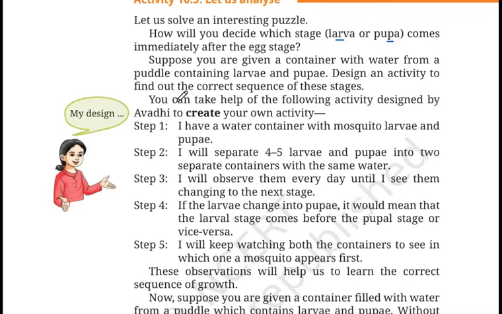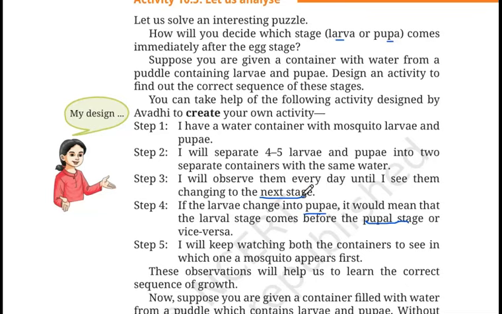So what we can do is: step 1, take a water container with mosquito larva and pupa. Step 2, separate 4-5 larvae and pupa into 2 separate containers with the same water. Step 3, observe them every day until you see them changing into the next stage. If the larva changes into pupa, it would mean that the larva stage comes before the pupal stage.